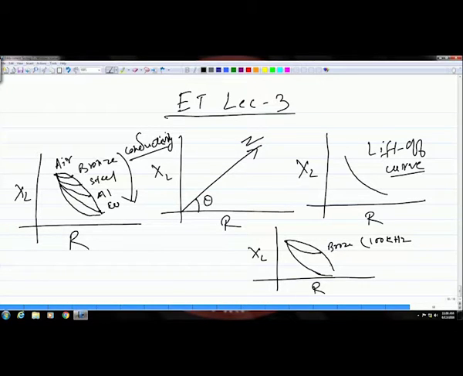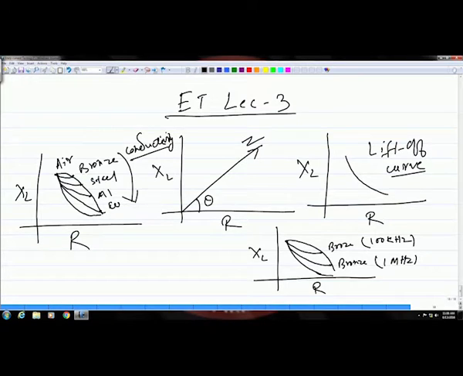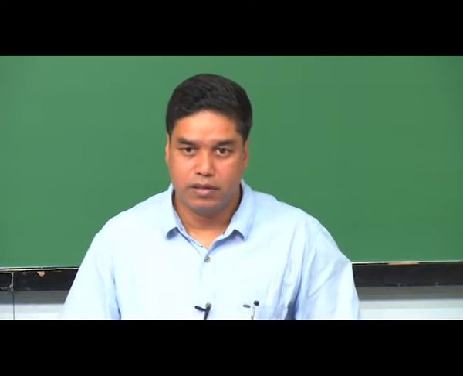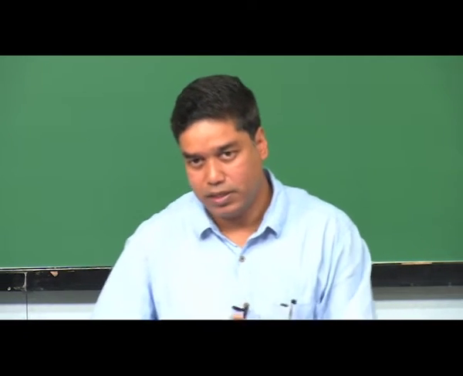If you increase the frequency to 1 megahertz, you can see the same sample behaving like a more conductive sample. Okay. So, this is just to tell you that the frequency would also have some effect on the conductivity curve or the lift off curve.